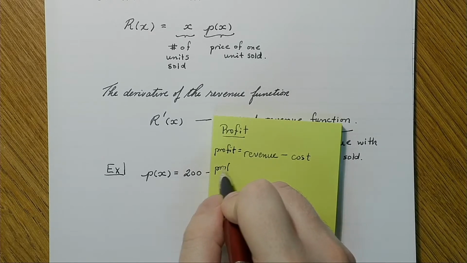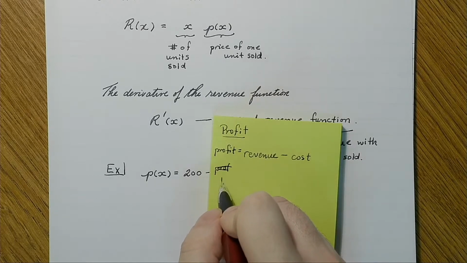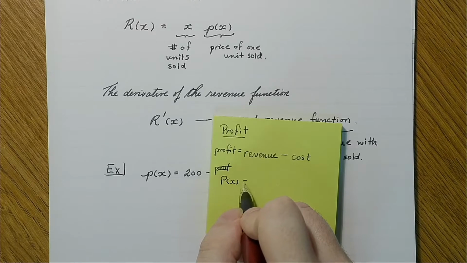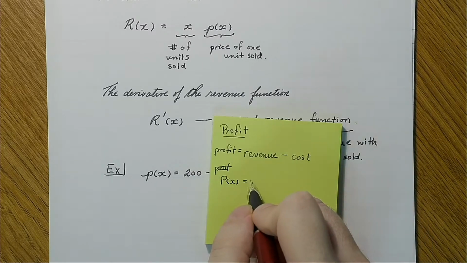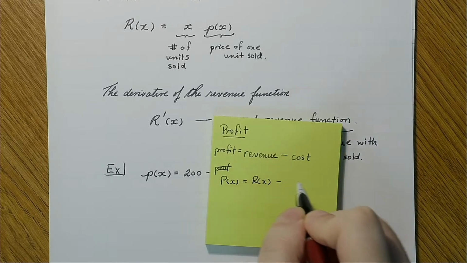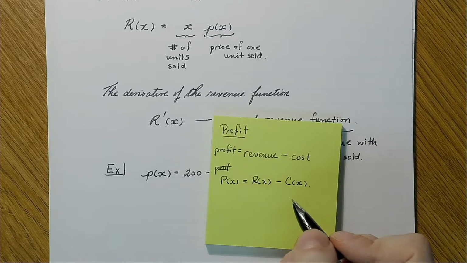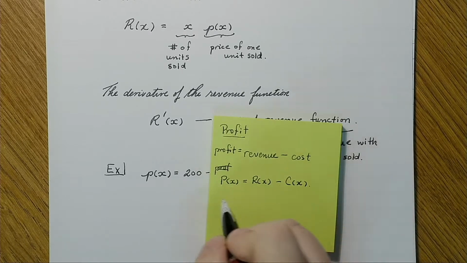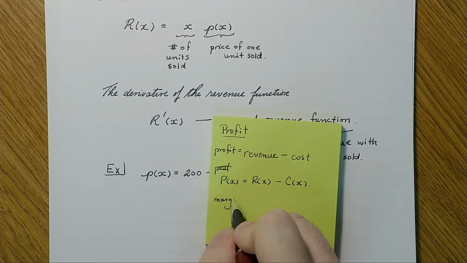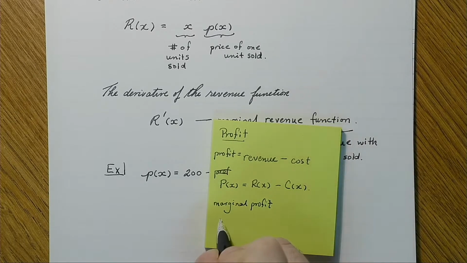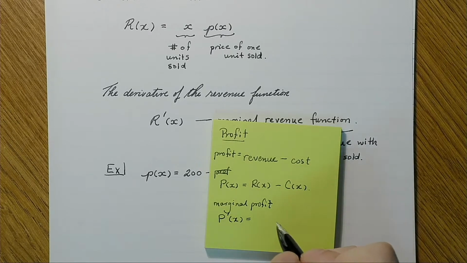So we have profit. So we'll call the profit P, capital P, of X. And then we're going to subtract the revenue minus the cost. And then of course, we could always take the derivative of the profit. So then if we wanted to do marginal profit, we can take the derivative of that, which means that I'm applying the derivative to this.